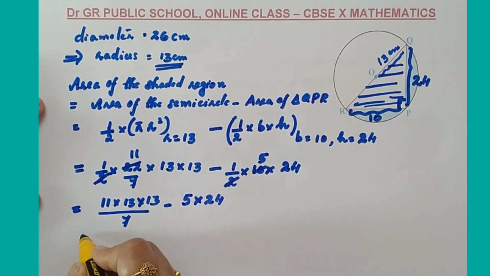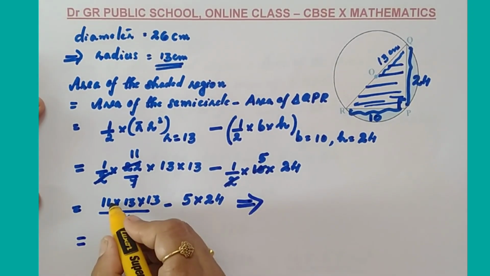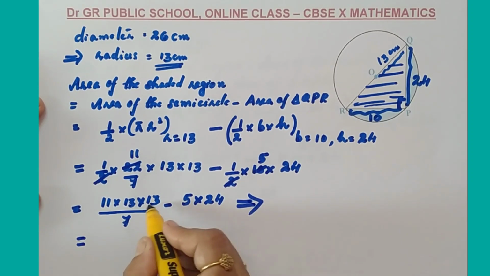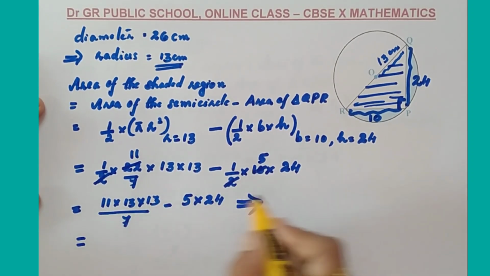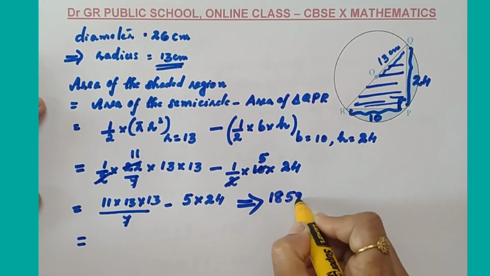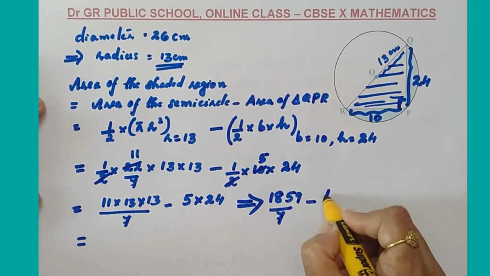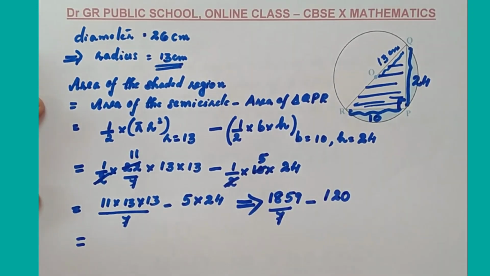I am going to multiply, which implies 13 into 13 is 169. So 169 into 11 is 1859 by 7 minus 5 into 24 is 120.